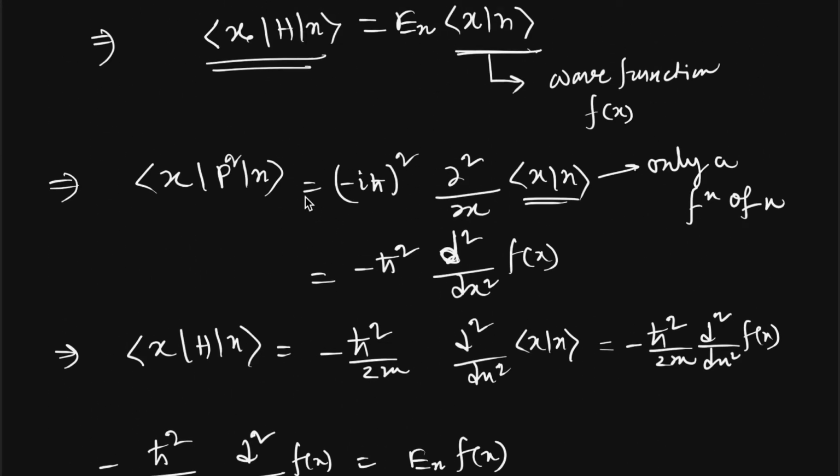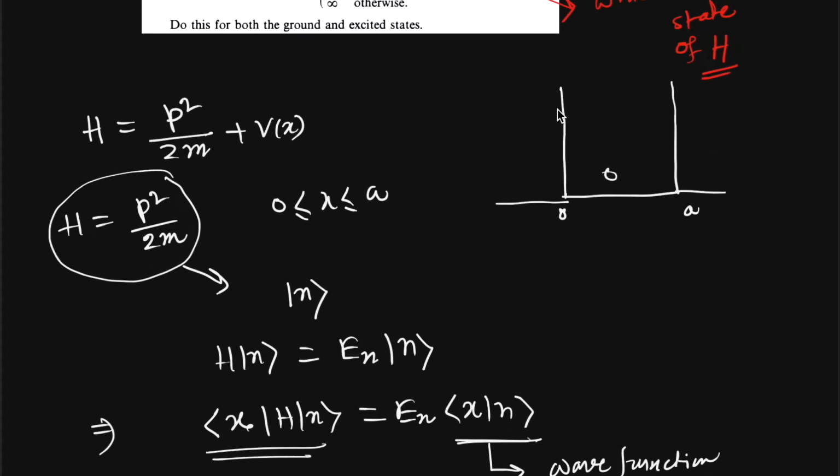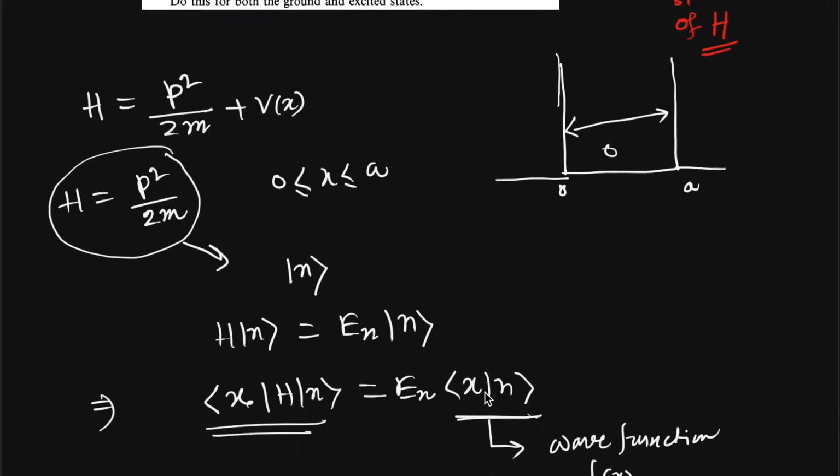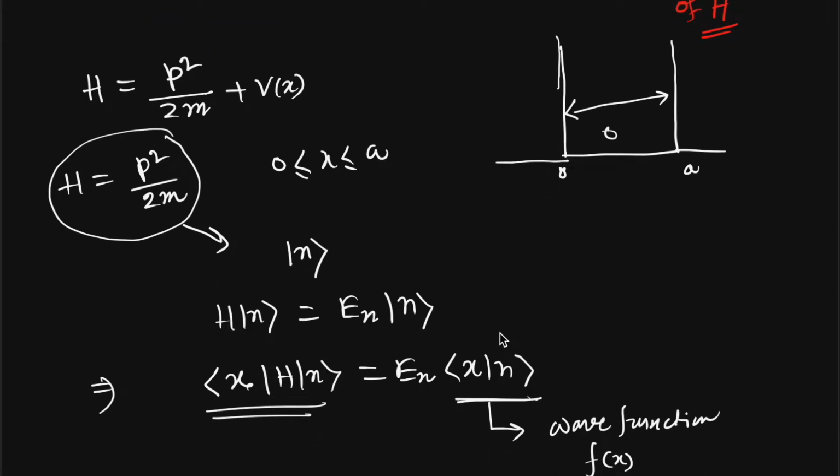Now since the particle remains inside the box, because the potential at the boundary of the box is infinity, the particle remains inside the box. The wave function gives the probability component that the particle will be found at this state x.